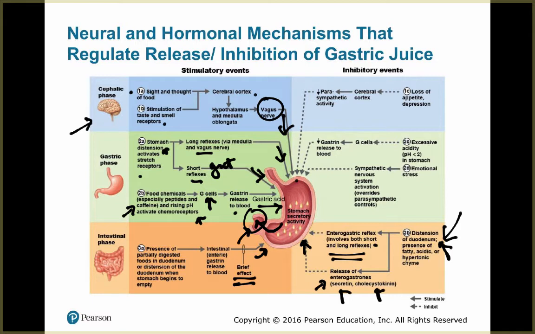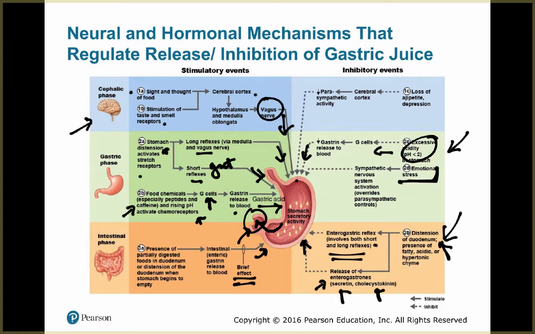Now, when we're talking about the inhibition of the gastric phases, if the pH becomes too low, then the G cells will reduce the amount of gastrin released to the blood, and so that will reduce the amount of gastric juices secreted.